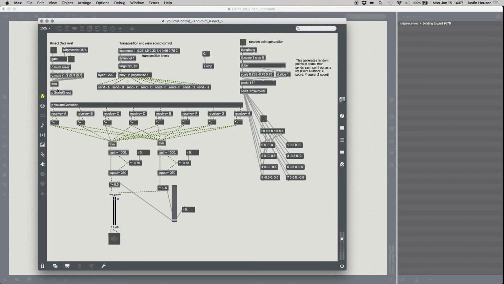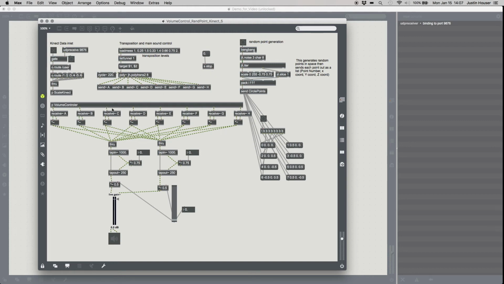Basically just converting it into the 3 points, the XYZ position. This is creating effectively 8 individual channels where we have a single sine wave that is being transposed by various amounts and then sent on independent channels A through H. This is our emergency stop, which will be set up with spacebar so that if things go out of hand, I can shut the whole thing down.